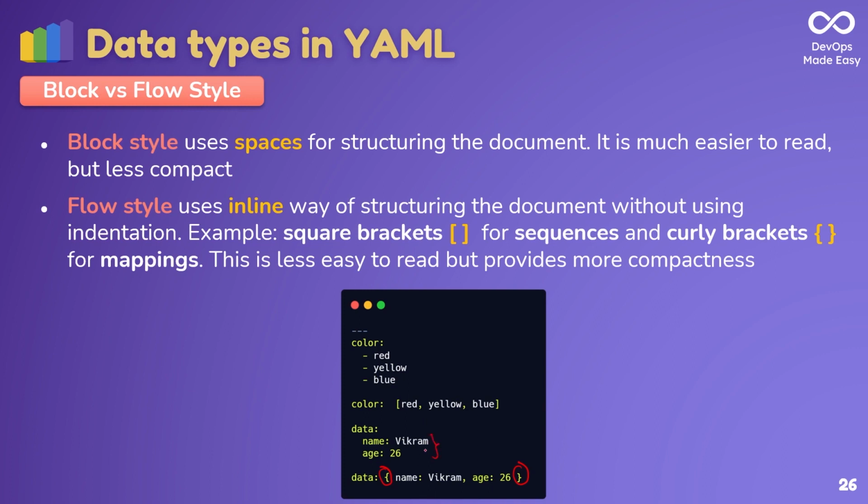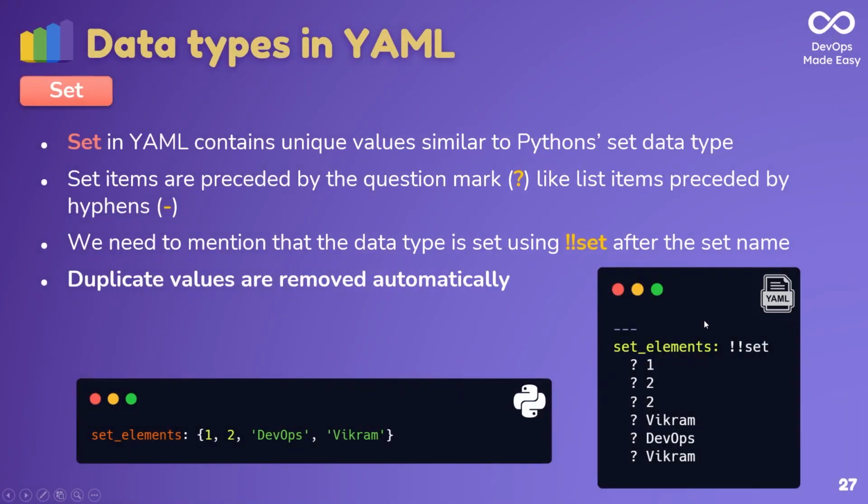Individually there are key values: name as the key, value as this one, age as the key, value as this. So for list elements we use square brackets, this we already know. For dictionaries we use braces. So this is the block way of doing it, and this is the flow way of doing it, flow style. Okay. Now the next thing is set.